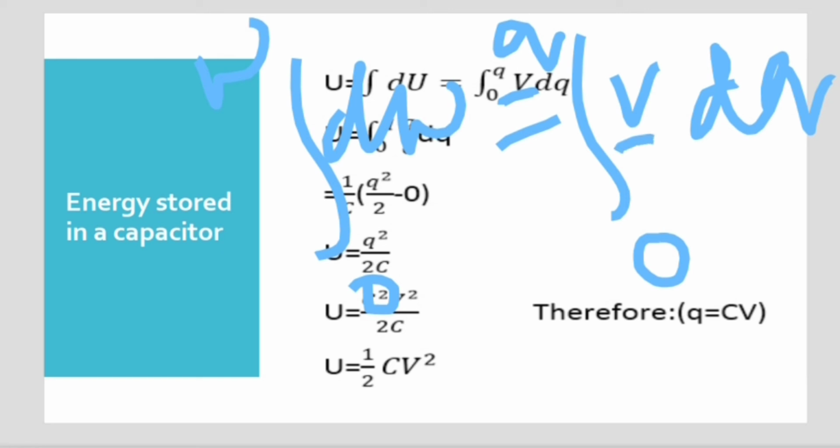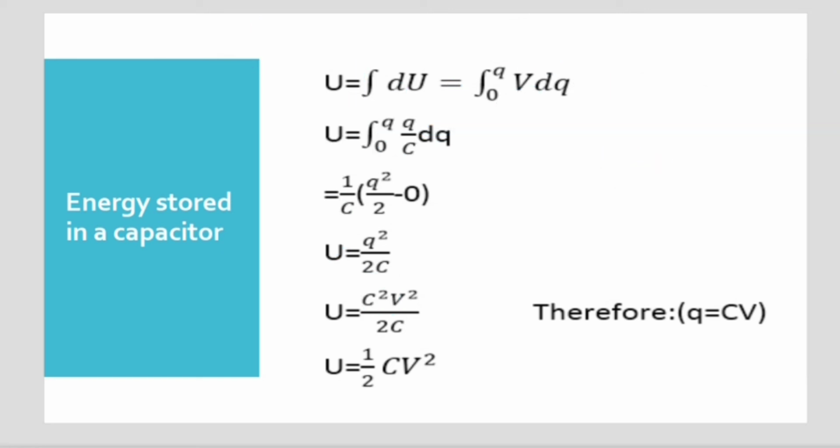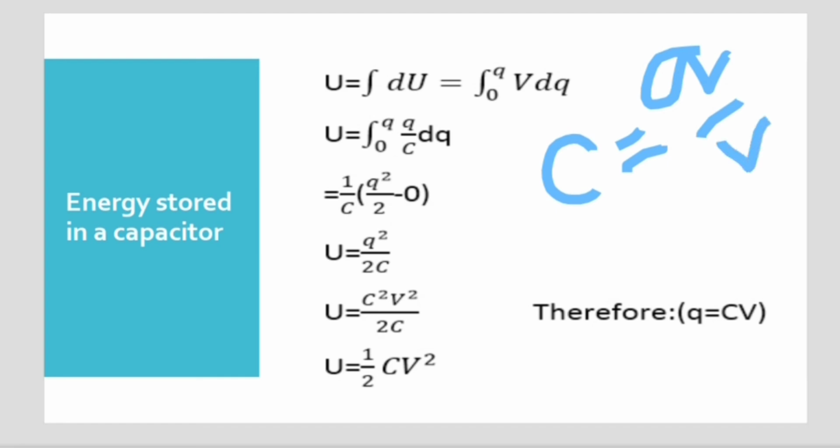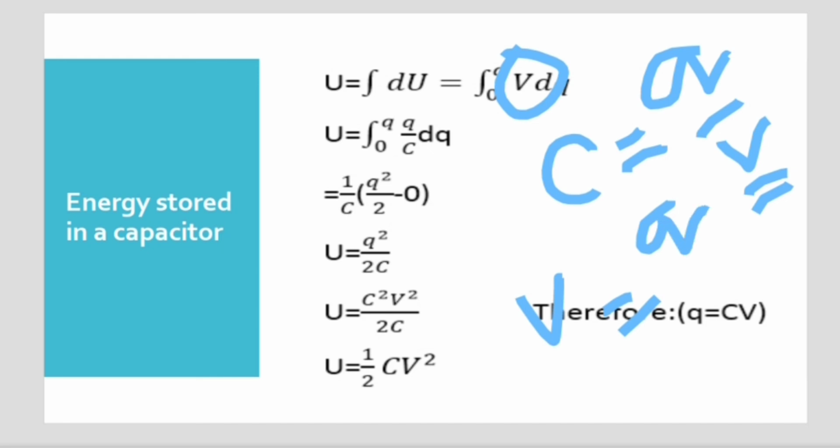Now we need to replace the value of v. We have just learned that the capacitance is C equals Q by V. So V equals Q by C, and here it is Q by C dQ.